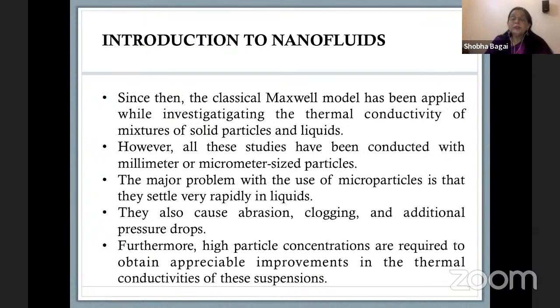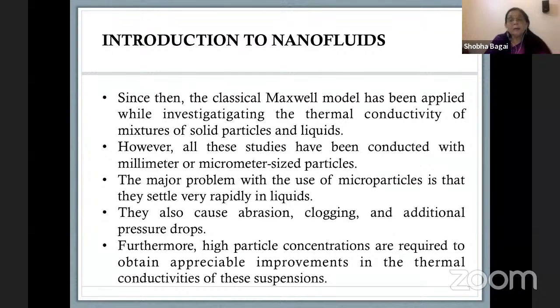Once Maxwell proposed his theoretical report, researchers started experimentation, developing models where, instead of a simple base fluid, we have a mixture consisting of solid particles and liquids.